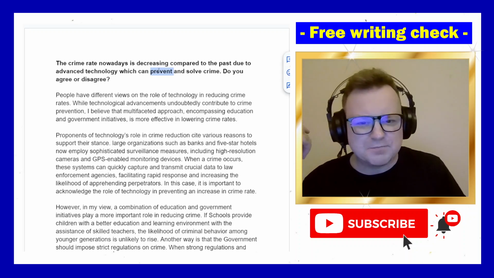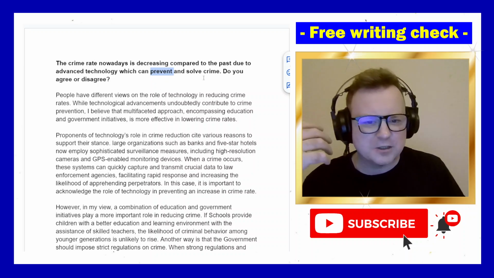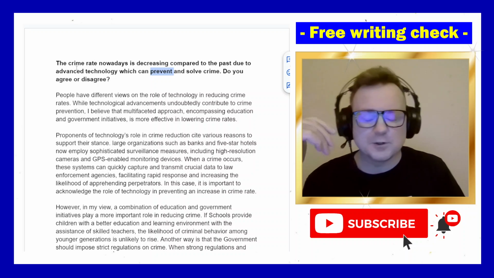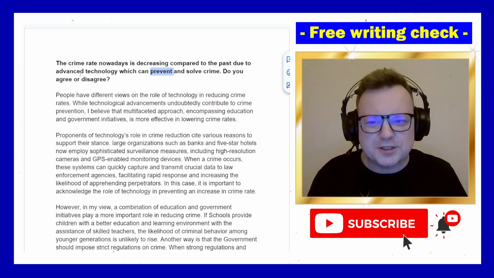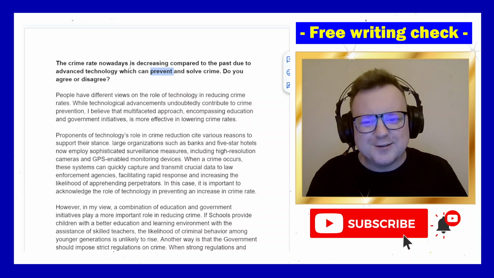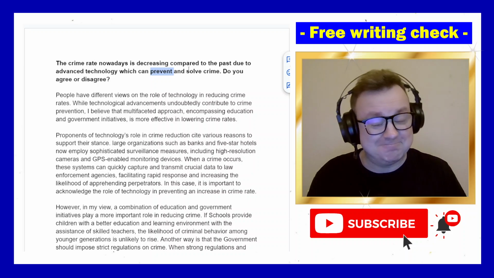The candidate might discuss whether it's possible for advanced technology to prevent and solve crime, but it seems that that's not really what's going on. So yeah, okay. Let's take that as the question. Do you agree or disagree that advanced technology is the reason why the crime rate is decreasing nowadays?